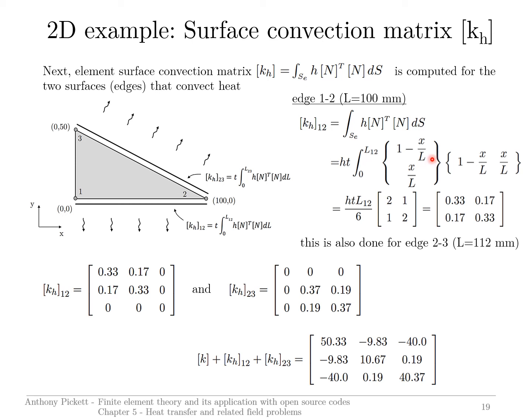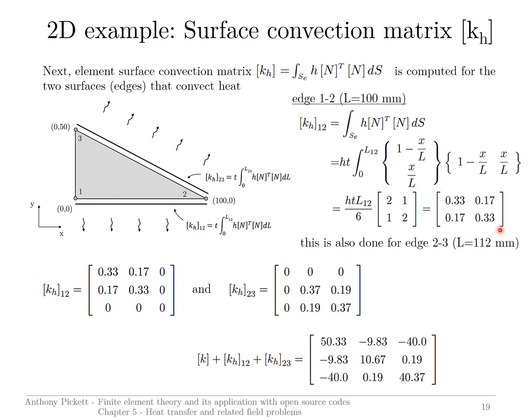This is the transpose, and this is the simple N values, that's here. H, of course, is my surface heat transfer coefficient. And as I mentioned, we're replacing the surface by the thickness and integrating over the length. If you do this multiplication and integration, you will end up with this matrix here, which gives you these values here.